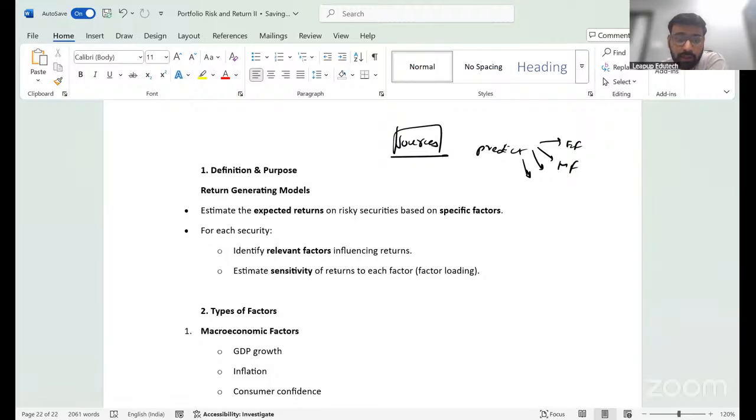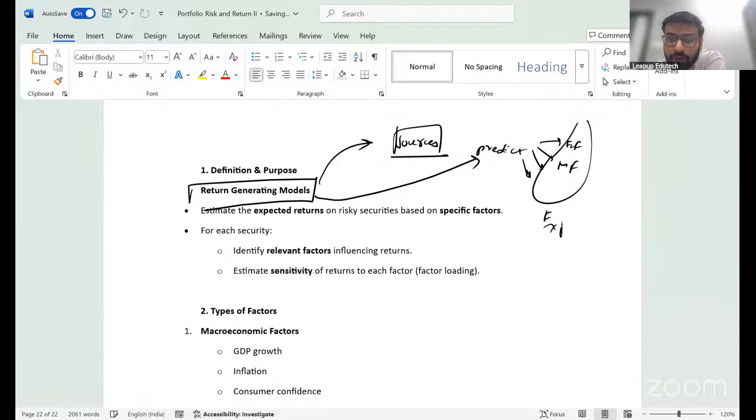The return generating model helps you study the sources of the returns that have ultimately impacted the stock, and ultimately helps you predict the different factors that will influence the return of the stock. And the moment you understand those factors, what are you going to get? You will get the expected return of the stock.